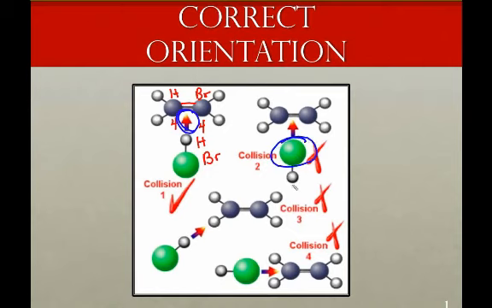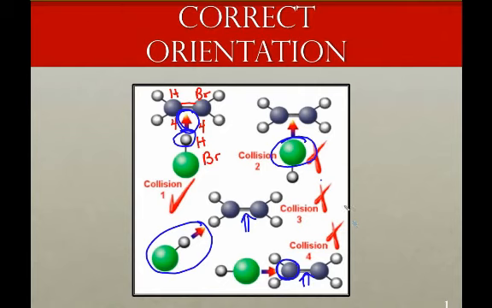If you look at all these other possibilities, this one's backwards. It reacts best with the hydrogen. So that's backwards. It's not going to work. This one's coming at the wrong angle. It's coming towards the hydrogen rather than at that double bond. And then this one's coming from the opposite end of this carbon, again, rather than at that double bond.